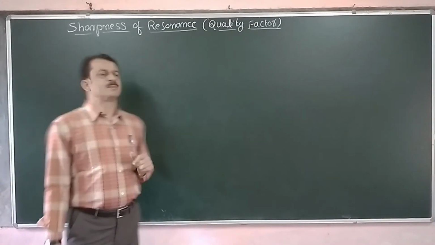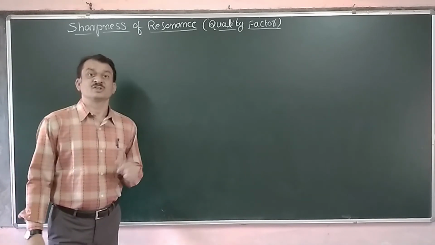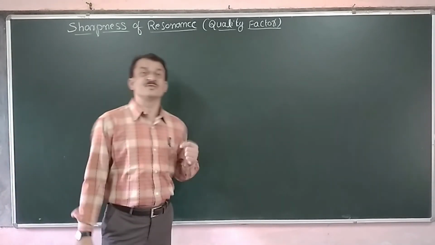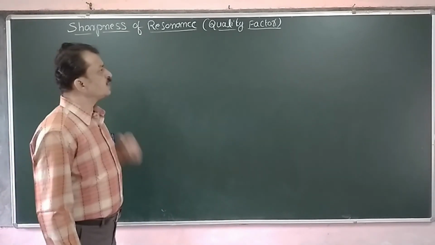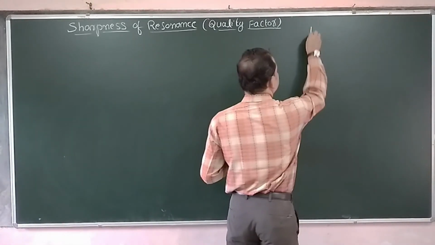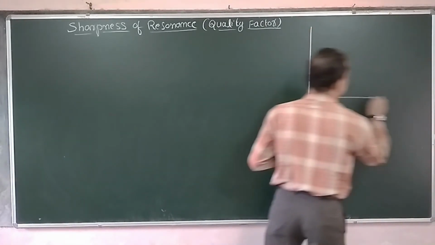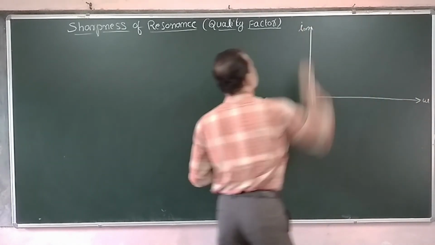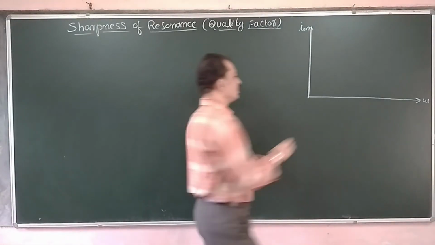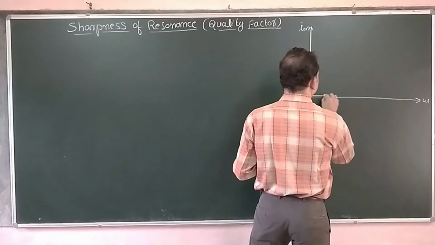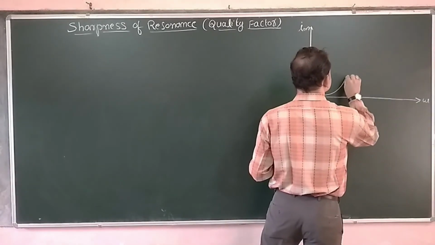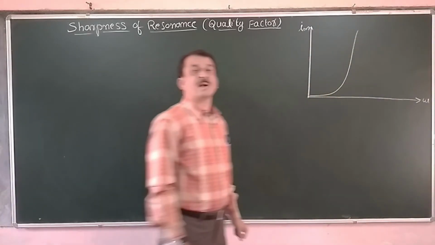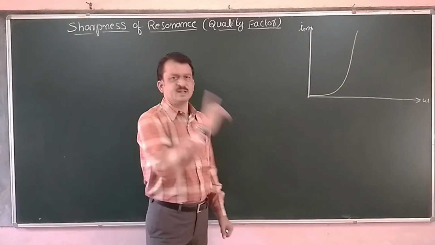Now we will study the new concept, sharpness of resonance. Now we have studied the resonance phenomenon. In that resonance phenomenon, we have obtained a graph, that is omega versus the current. Initially the current is minimum. As frequency goes on increasing, the current increases and reaches a maximum value at a particular frequency.